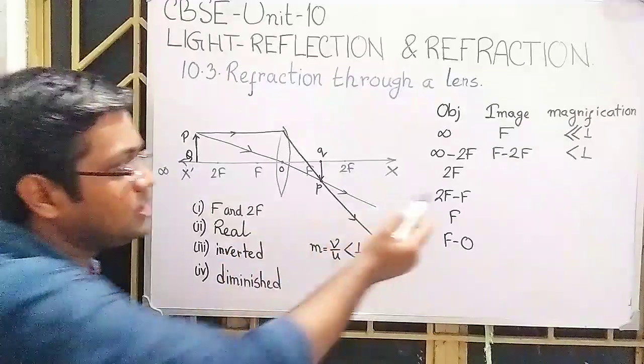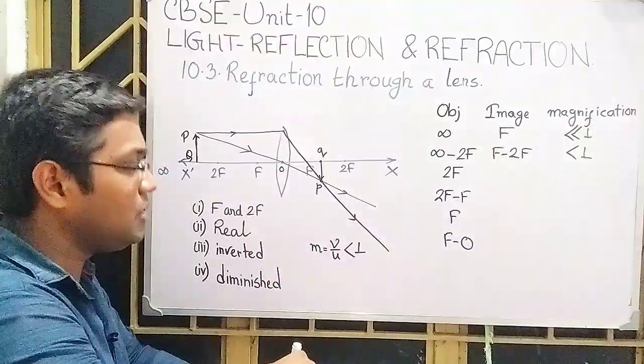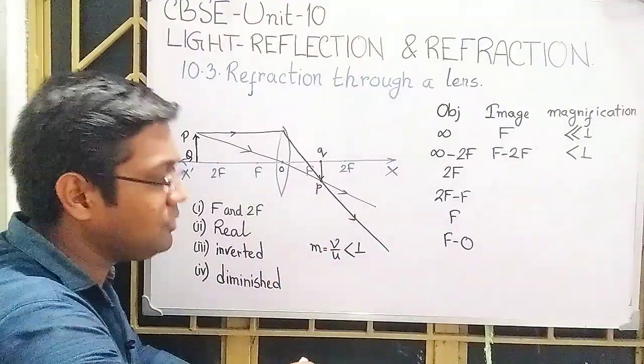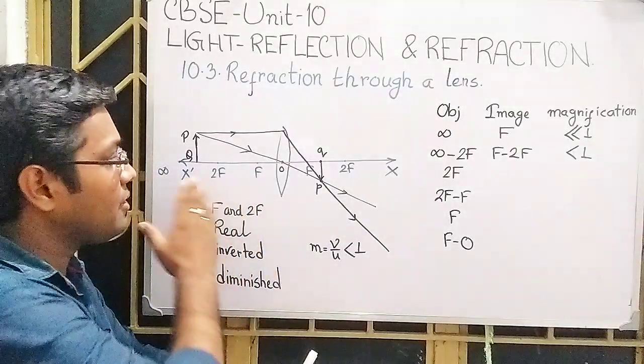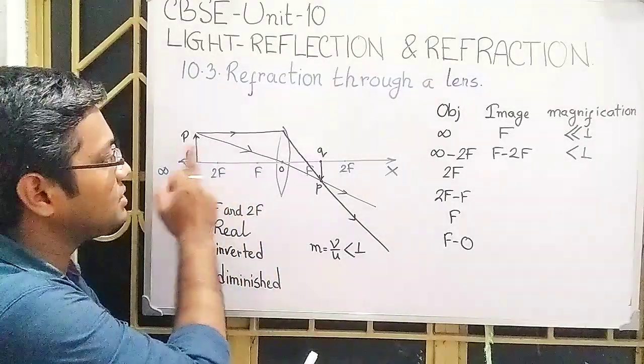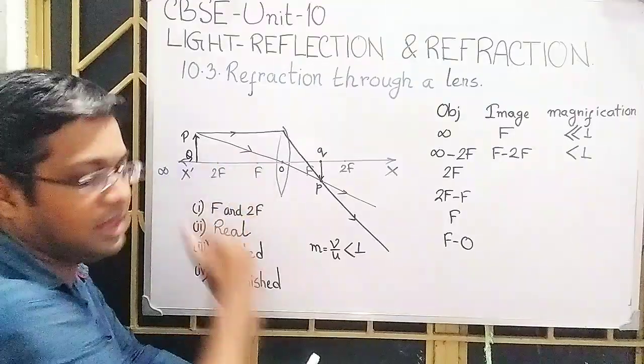Now if I go for the next one, what will happen, where will we obtain the image if I place the object here, one step advanced towards the lens?